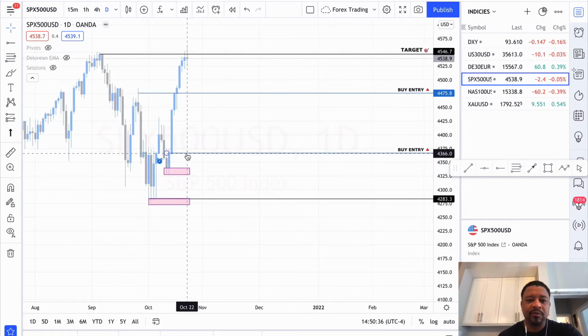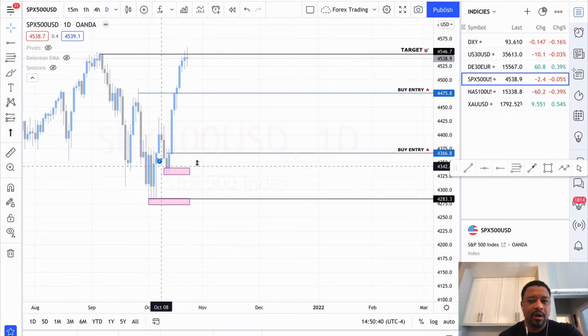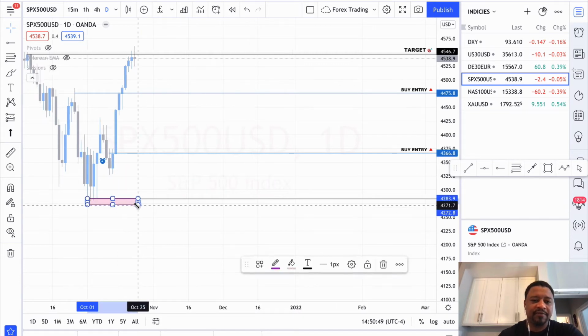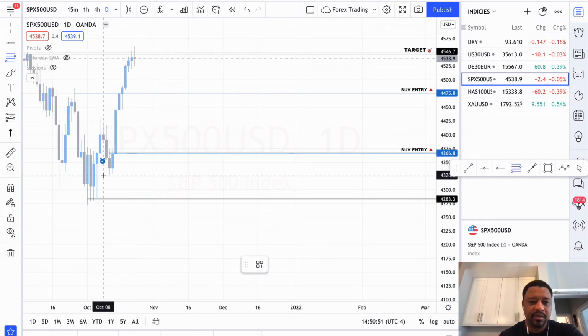As you can see, we were very fortunate with the call on the SPX, bought here, rode it all the way up. Now let's see in terms of the fib where 25% is.